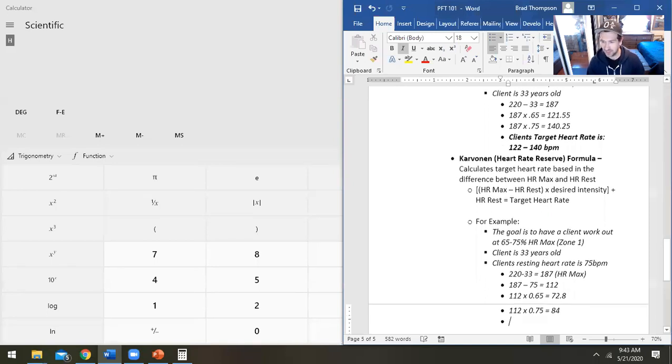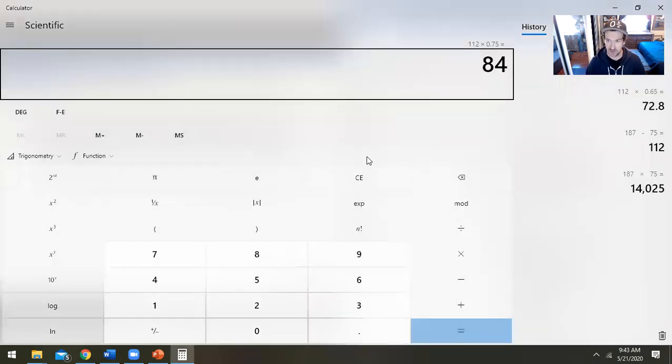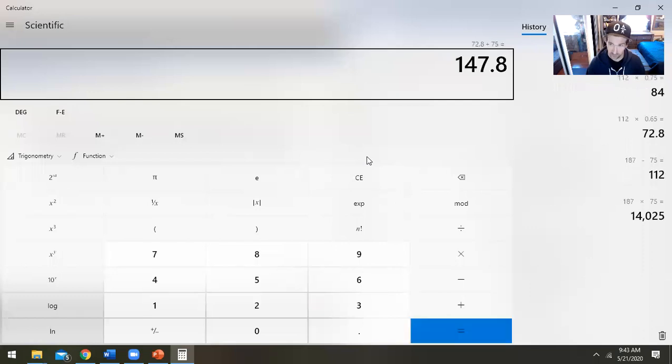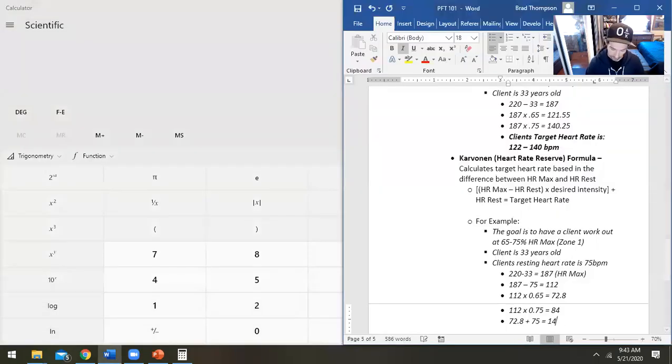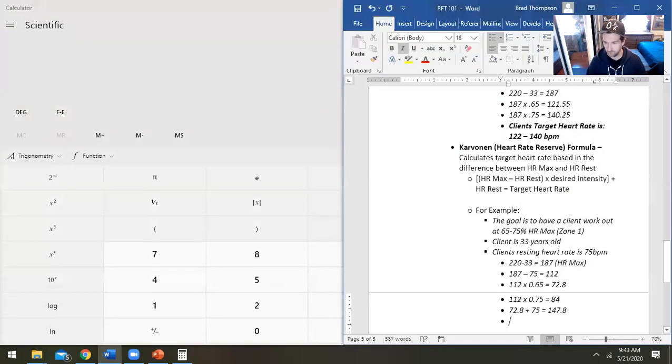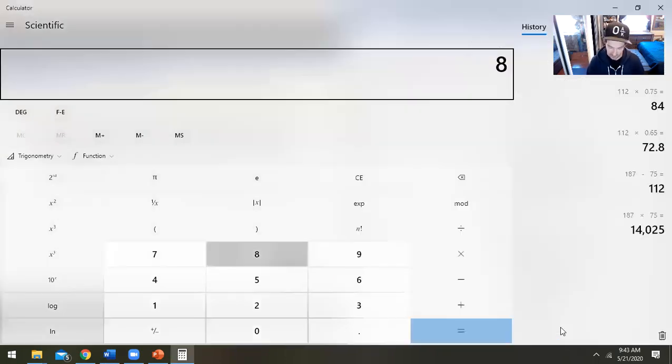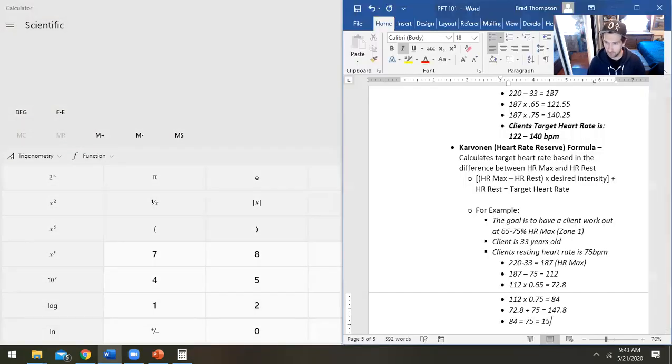And then lastly, 72.8 plus 75, we have to add that 75 back on, equals 147.8, and 84 plus 75 equals 159.